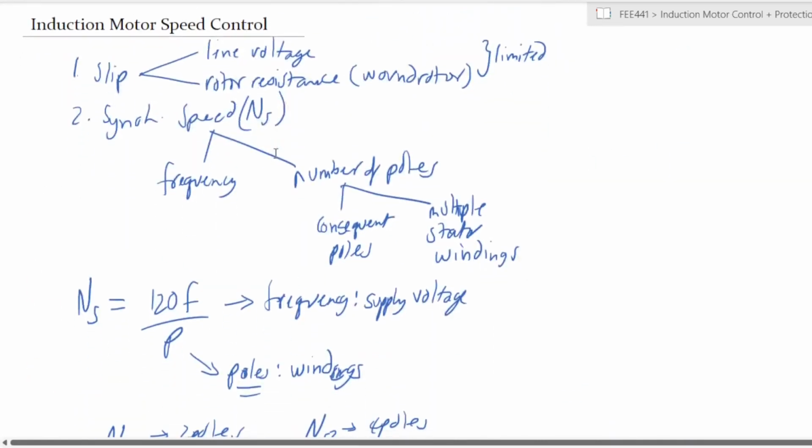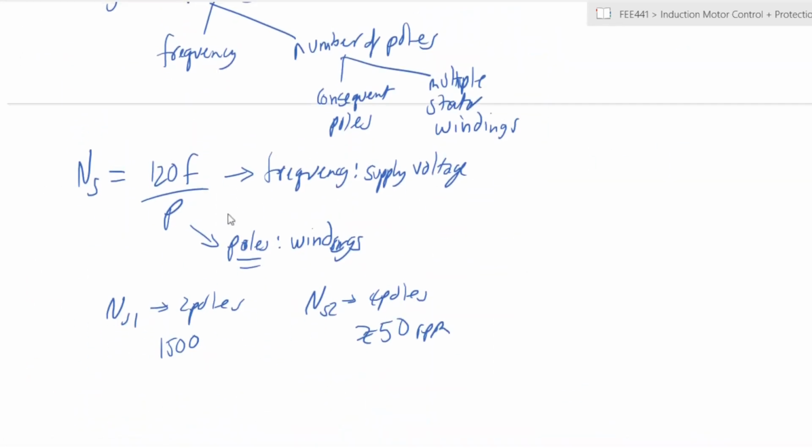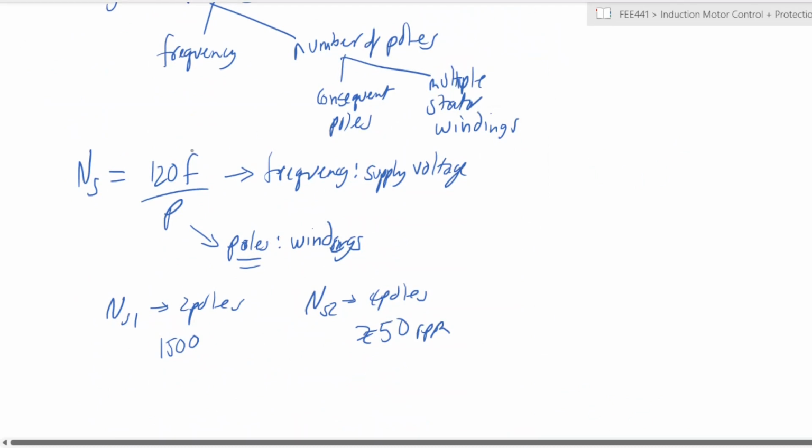Previously, we have only been changing the number of poles. If we change the frequency, you can change in a linear way the speed at which the motor is running through changing the synchronous speed.